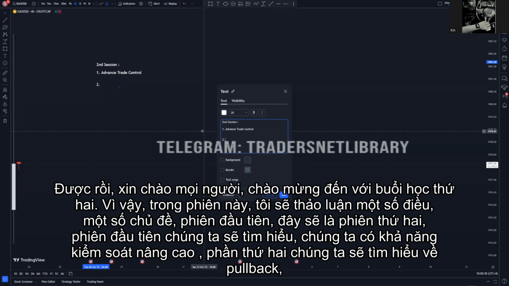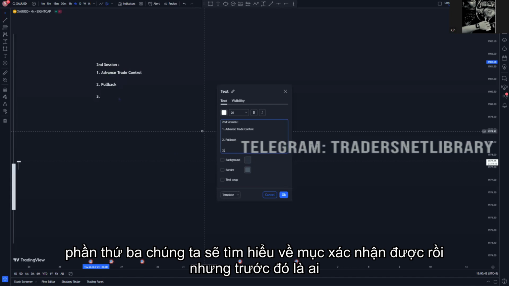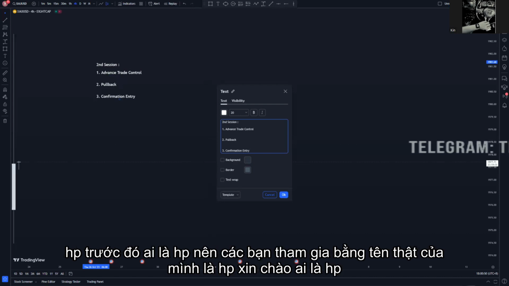The second one, we're going to learn about the pullback. The third one, we're going to learn about the confirmation entry.